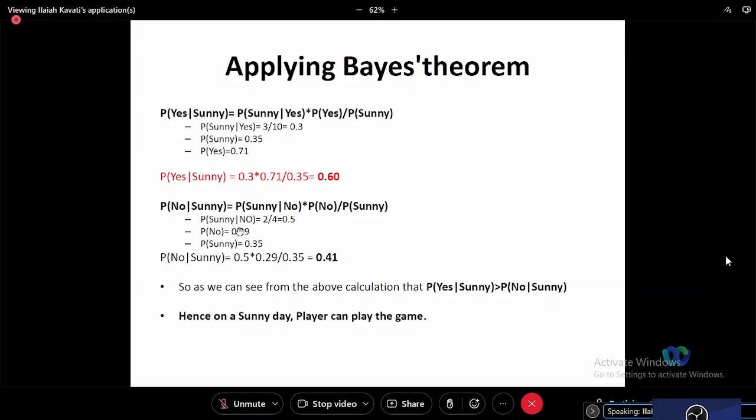No. We also need to check whether play was not possible. What is the probability of no play, right? So probability of no if the day was sunny. This is true. Sunny is true, means the day is sunny. So what is the probability of no play, right?